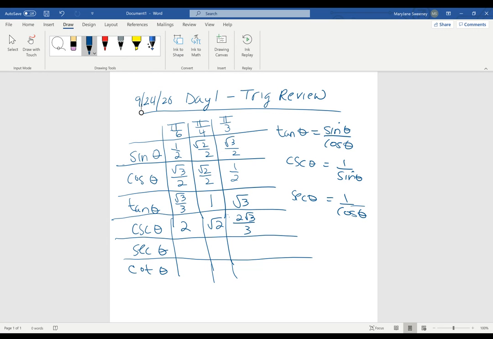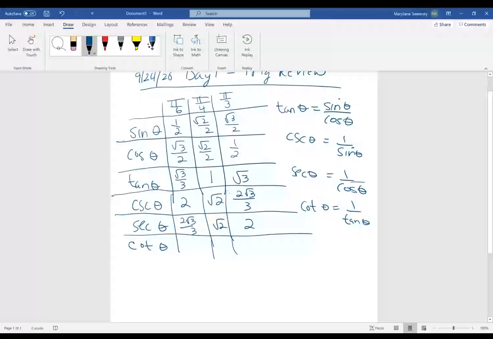So we get, or again, you could think of it as cosec backwards. So it's 2 radical 3 over 3, radical 2, 2. And cotan is the reciprocal of tan, or what I think of is it's actually tan backwards. Radical 3, 1, radical 3 over 3.